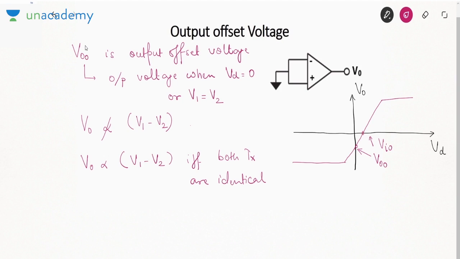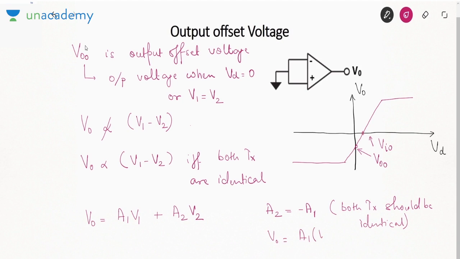If both voltages have different gain, then V0 will be A1 V1 plus A2 V2. If A2 is equal to minus A1, and for this to happen both transistors should be identical, only in that case can you say V0 equals A1 times V1 minus V2.